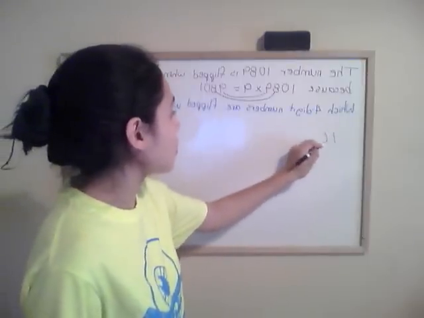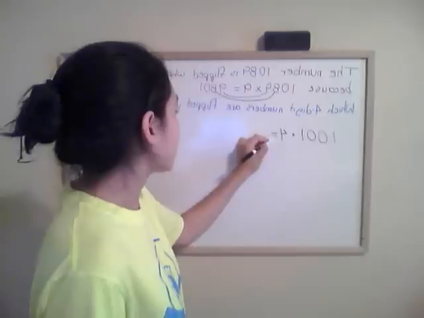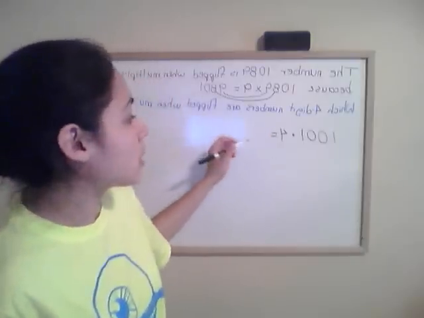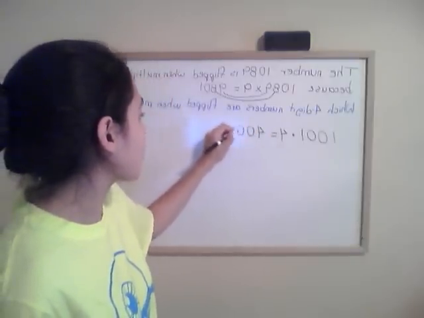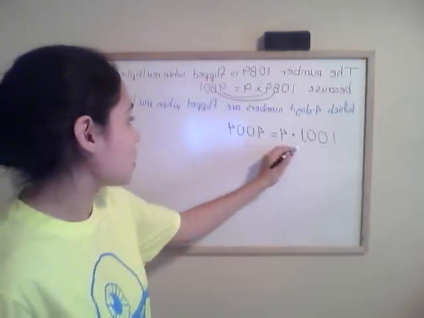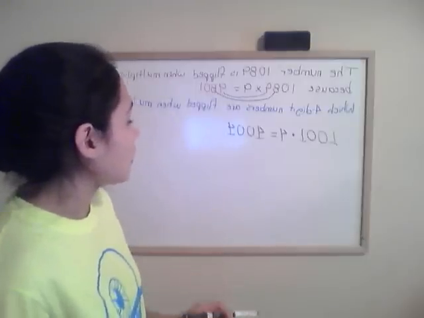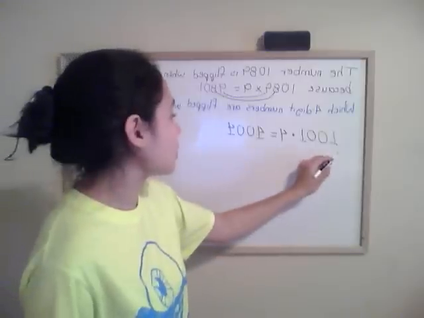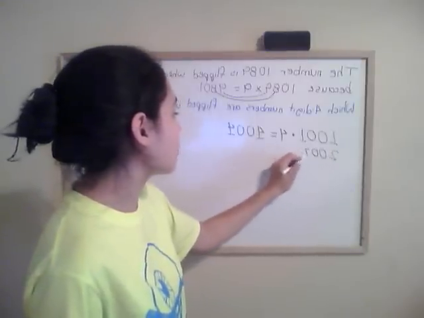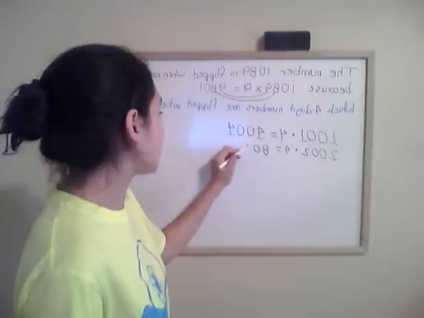So I started with 1001 times 4, which would give me 4004. Here I see that these numbers affect the behavior of these numbers. And then if I use 2002 times 4, it would be 8008.